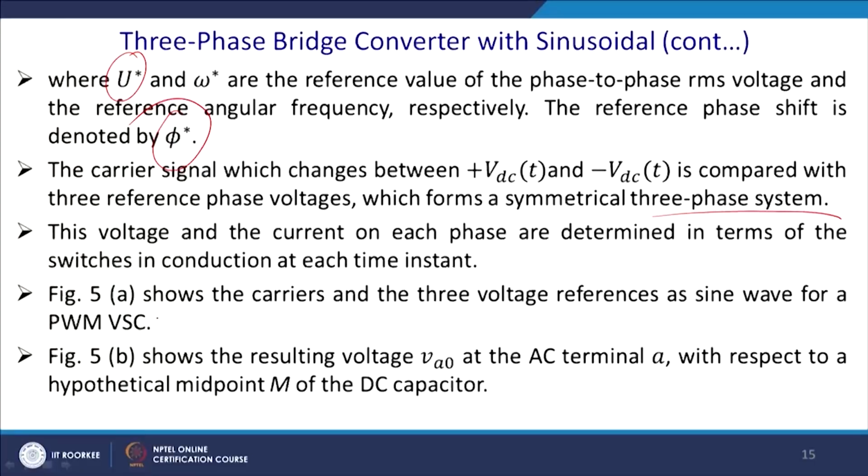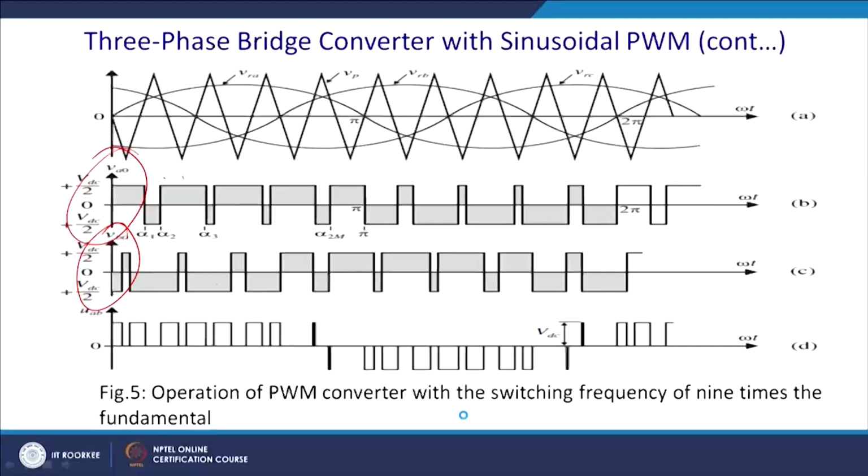Figure 5 will show, a little later, the carrier and the 3 voltage references of the sine wave for this PWM voltage source converter, and figure 5b shows VAO and the AC terminal voltage with respect to the modulation index. So, this is the phase voltage, this is the pole voltage rather, and this is the line voltage.